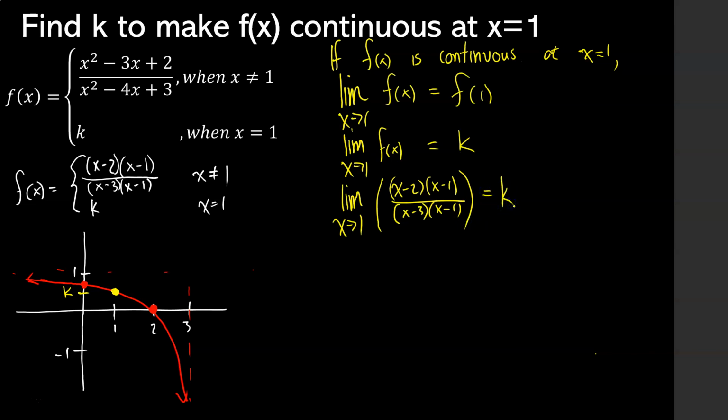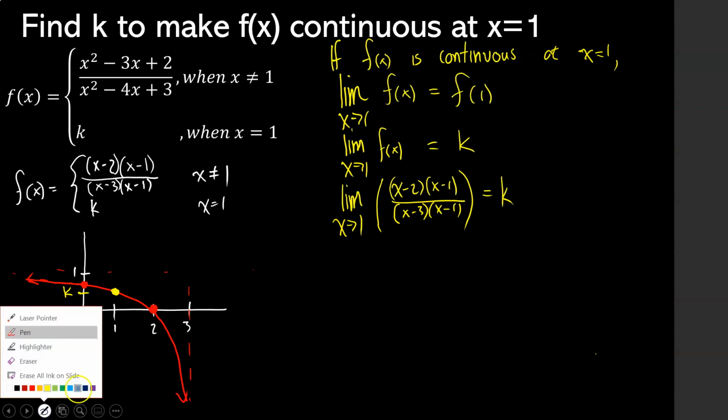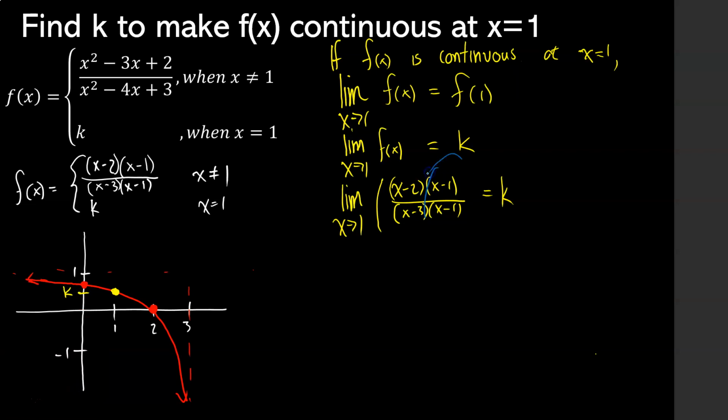So if we can figure out this limit as x approaches 1 of the quantity x minus 2 times the quantity x minus 1 over the quantity x minus 3 times the quantity x minus 1, we're going to know k. What I want to pull your attention to is this pair of x minus 1s. x minus 1 over x minus 1 is almost always 1, no matter what number you put in there.